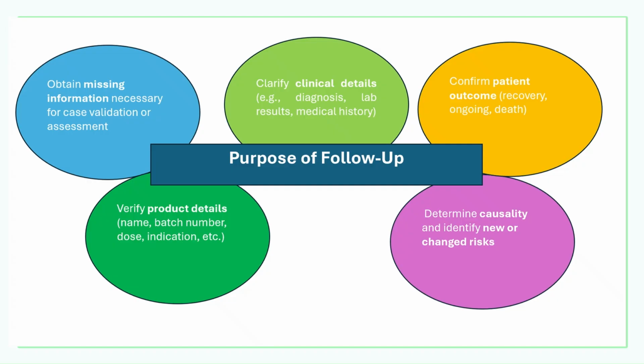This requires complete timelines, medical history, re-challenge, de-challenge info, and any other important information. Complete information also helps us identify new risks, changes in known risks, or any kind of rare events. So, follow-up directly supports signal detection, risk assessment, and regulatory decision making.